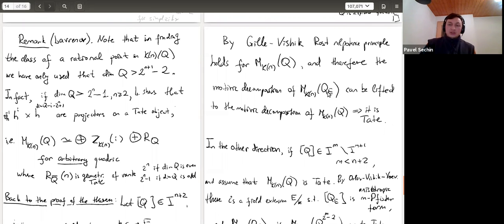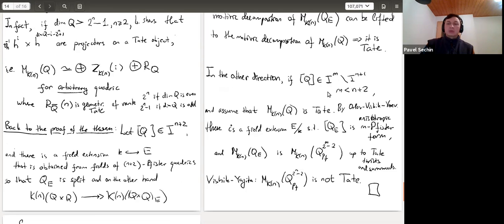Well, the other direction is slightly more complicated, I guess, but short.